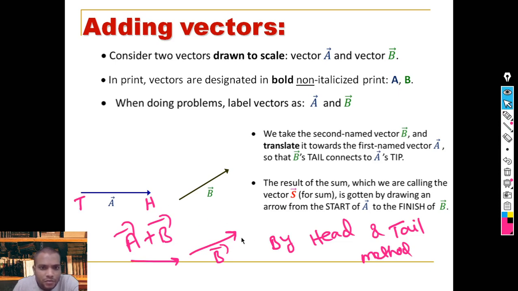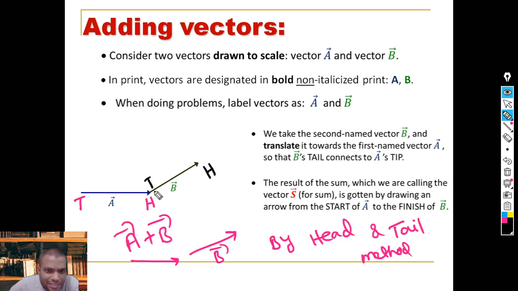In this case, to add these two vectors, we need to bring the second vector's tail to the first vector's head. So this is the head of the second vector and this is the tail of the second vector.